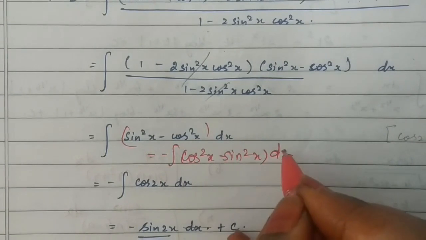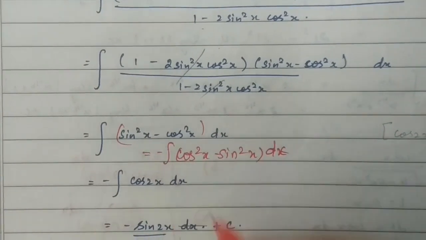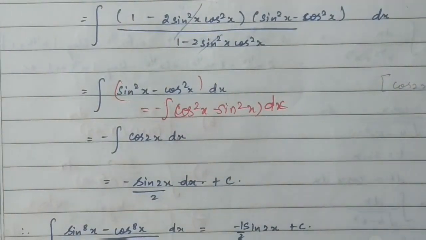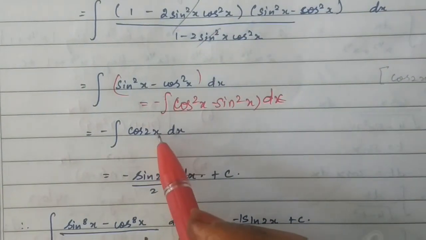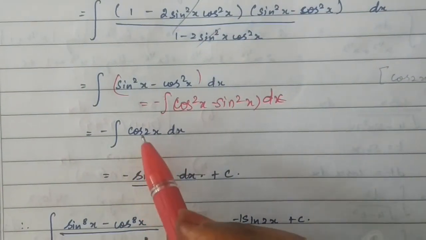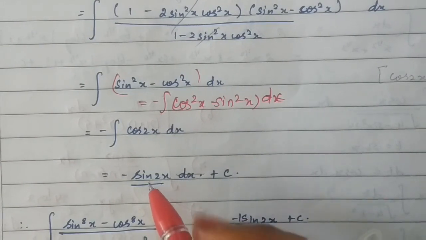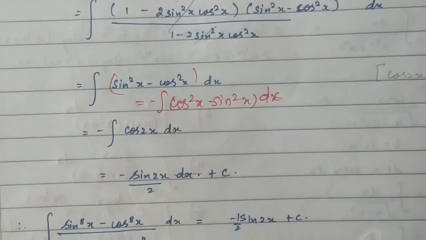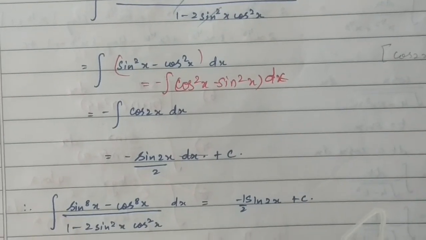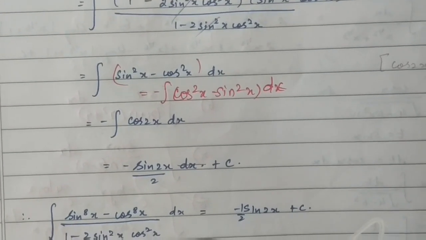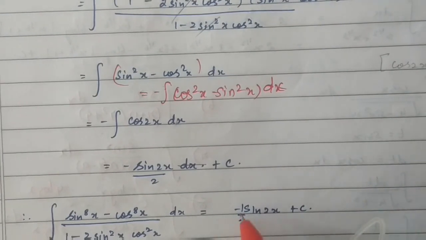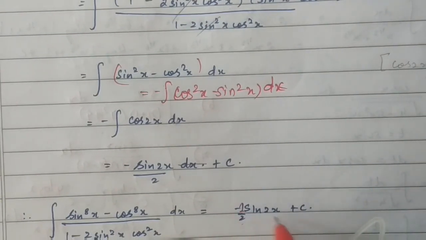Now this is the formula of cos 2x, therefore write cos 2x. After that integrate and write. What is the coefficient here of x? 2. So you are dividing by 2. Therefore when you integrate cos 2x, you will get sin 2x divided by 2 plus a constant of integration. Here this is 1 by 2 sin 2x plus c.